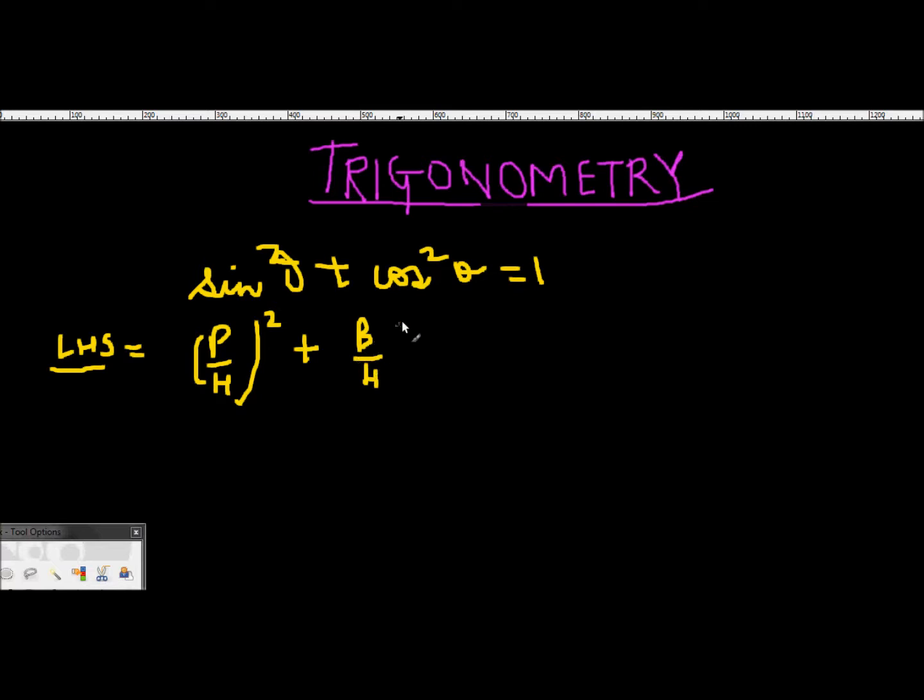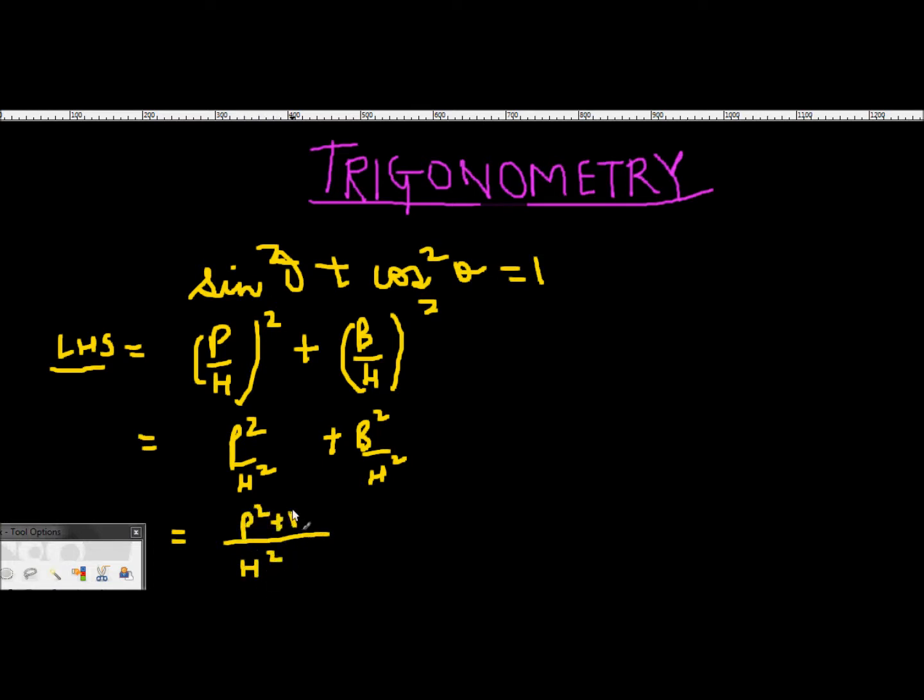So the equal to sign just comes one below the other. That's how you impress your teacher. B square by h square plus b square by h square, just opening the squares guys. So this is nothing but take LCM, and your LCM is just the h square, so you have b square plus b square. Alright, so now I'm just gonna write an equal to here.